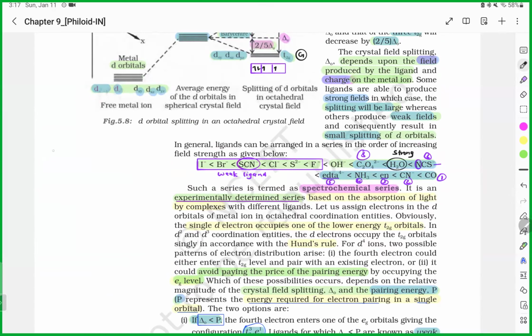So, if you take C2O4 2 negative oxalate, it is generally considered a weak ligand, but generally, not always. But with cobalt, it is a strong ligand.